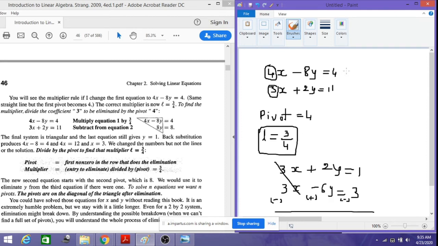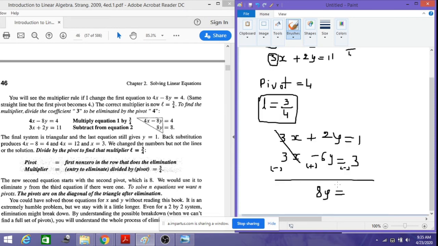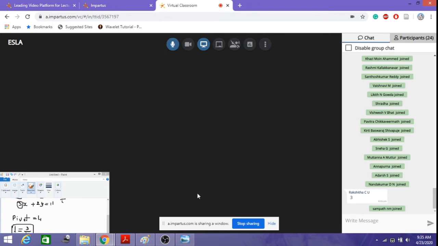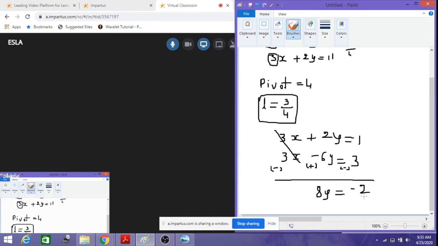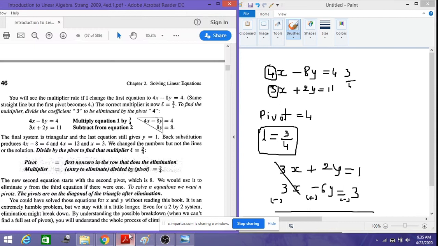L, if I multiply this, it is 3 by 4, so 4 gets cancelled, so I'll get 3. So I'm supposed to get 2. So here I'll get back minus 2. Did we miss something here? I'm supposed to get 8. How is that 8? So what are the equations on the right side?